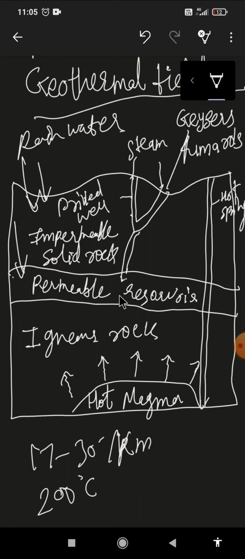The heated water then rises upward into the porous and permeable reservoir above this igneous rock. The reservoir is covered by a layer of impermeable solid rock that traps the hot water in the reservoir. The solid rock, however, has fissures that act as vents, a giant underground boiler.